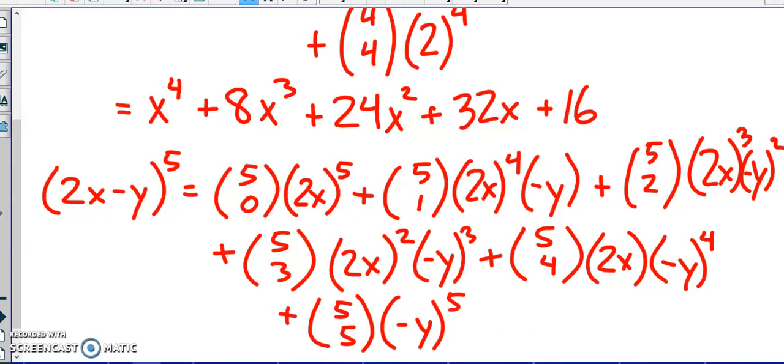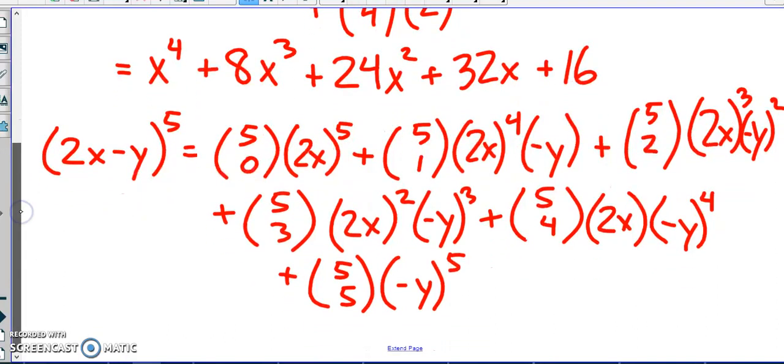Now, if we figure out what each one of these is, first of all, 5 choose 0 and 5 choose 5 are both 1. There's only one way to do that. And then 5 choose 1 and 5 choose 4 is 5. If you figured that out, those always match the number. So then we really only have to figure out 5 choose 2 because 5 choose 2 and 5 choose 3 will be the same.